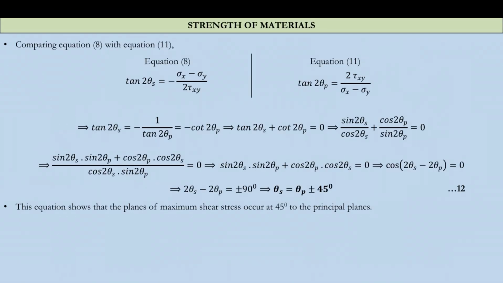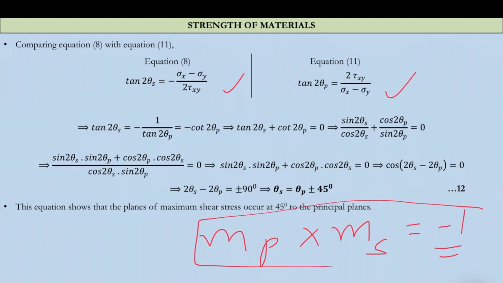By observation, tan 2 theta s is the slope of the shear plane, and the slope for the principal plane is such that their product is equal to -1. If lines having these slopes satisfy this equation, that means they are perpendicular. So from here also you can see that.